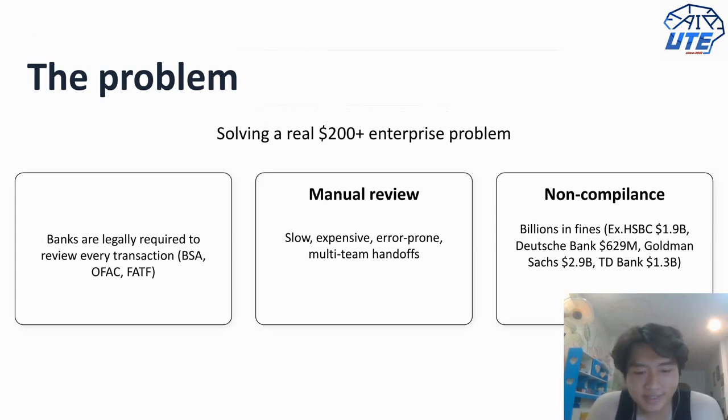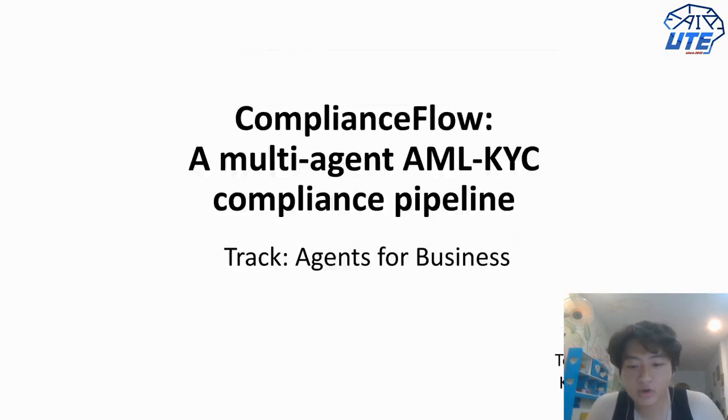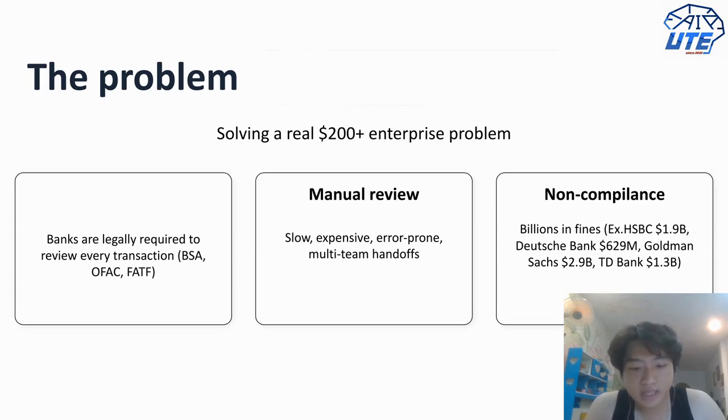Today, this is still a manual review process. It involves 3 or 4 human teams passing documents back and forth: a policy team to check the rules, a risk team to score the threat level, a legal team to review against frameworks like the Bank Secrecy Act (BSA), OFAC sanctions, FATF, etc., and then a senior officer who makes the final call to proceed with the transaction or not.